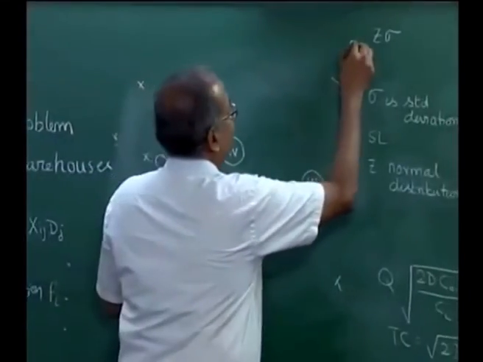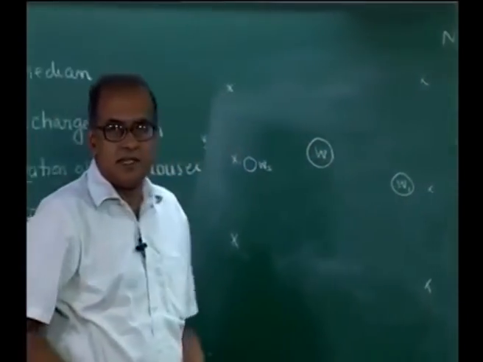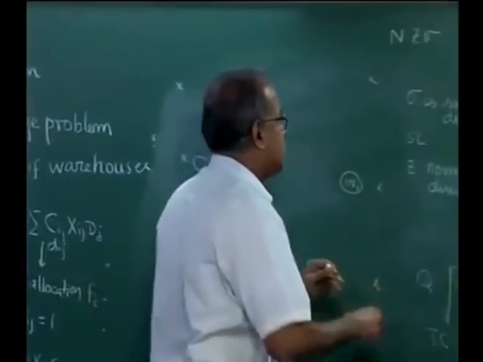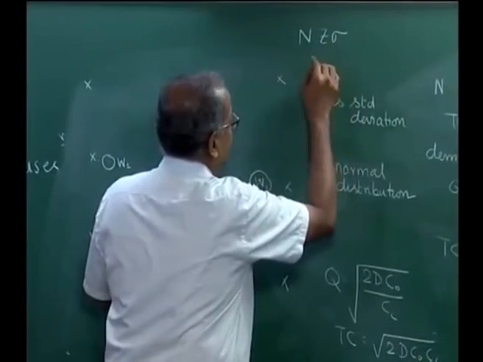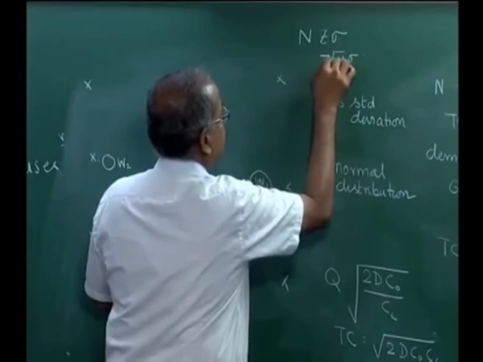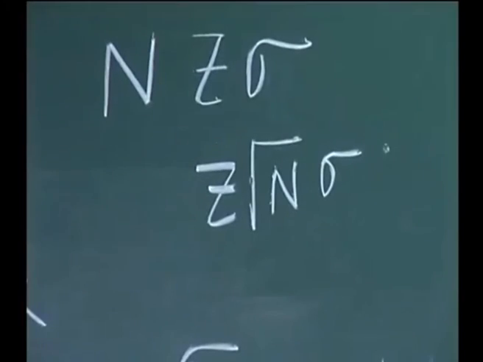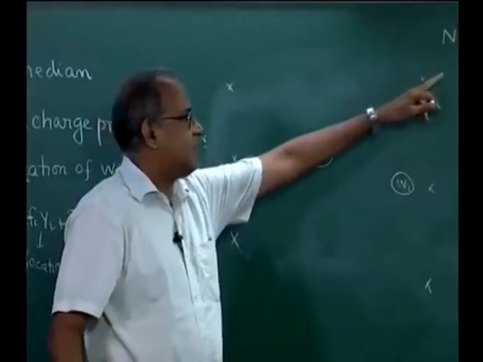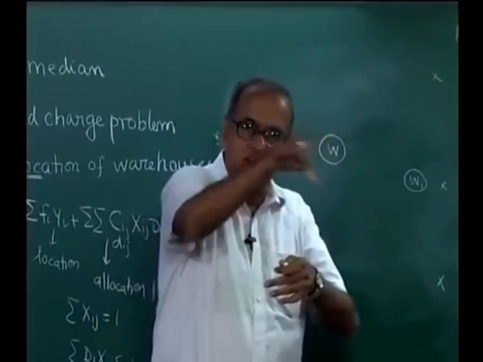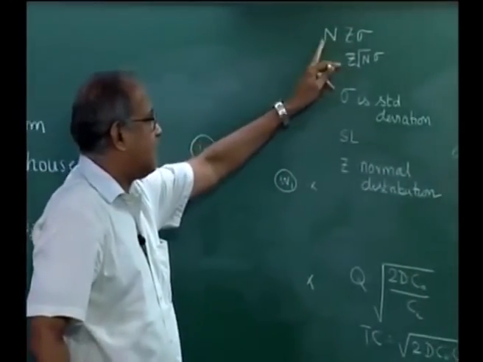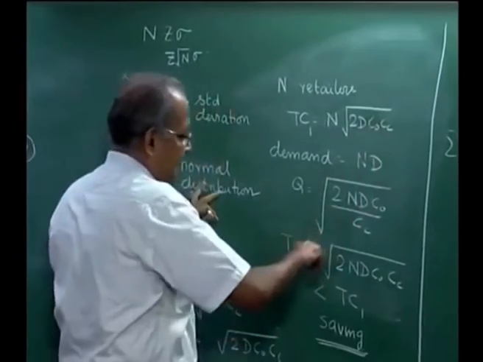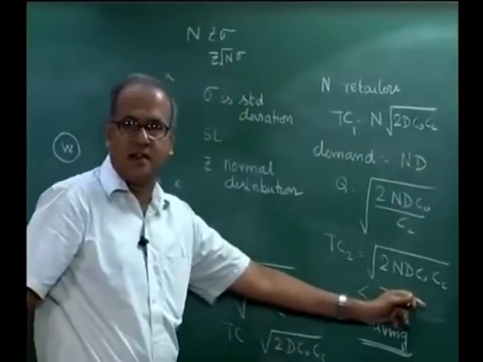Now, for n retailers we will have n into Z sigma in each of these places, whereas when we pool them together we have already shown that the standard deviation when combined together is actually root n into sigma, and the total amount of safety stock maintained if we bring them together will be Z into root n into sigma, whereas if we maintain them in different places it will be Z into n into sigma, very similar to n into root of 2 d C naught C c and root n into root of 2 d C naught C c.